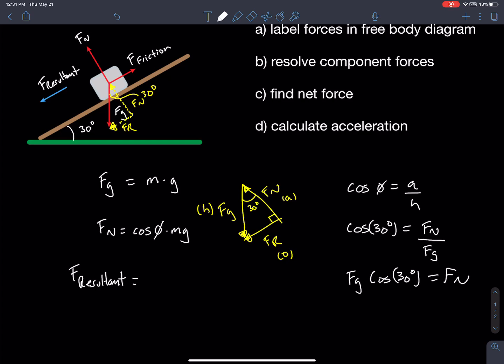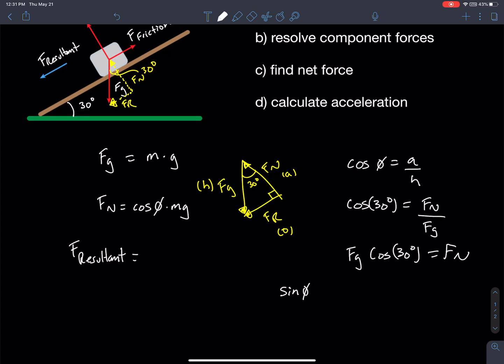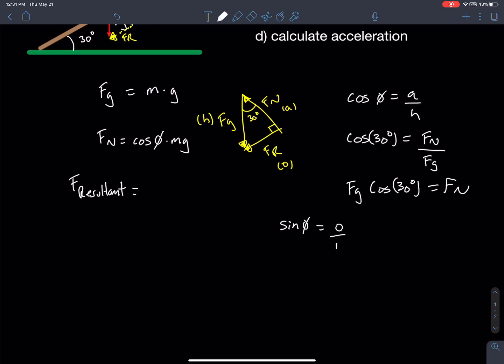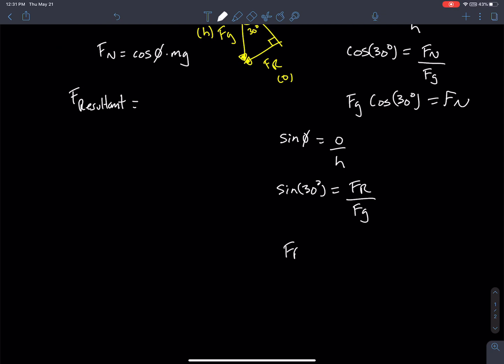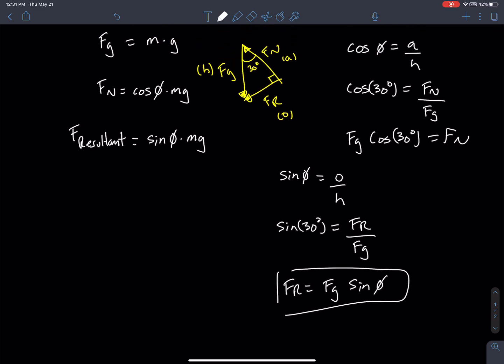So sine of 30 degrees is equal to Fr over Fg. Therefore, Fr is equal to Fg sine theta, or sine 30. So sine theta times mg is equal to my resultant force.